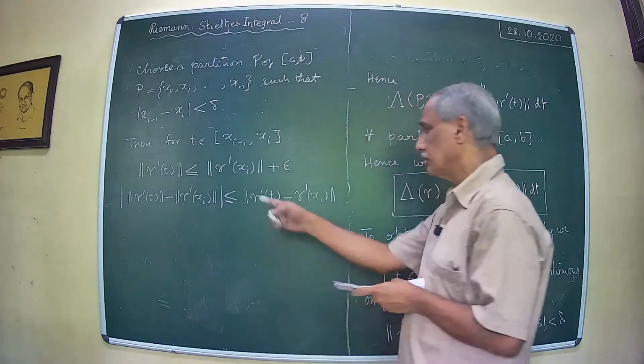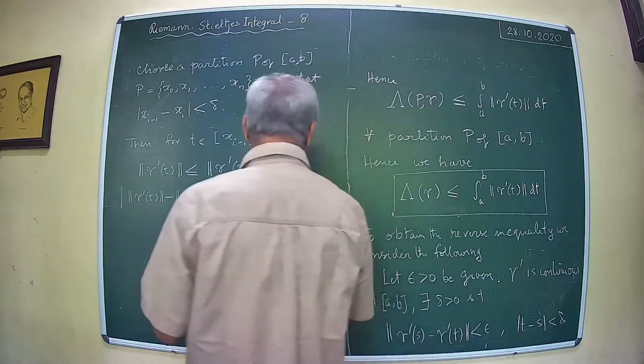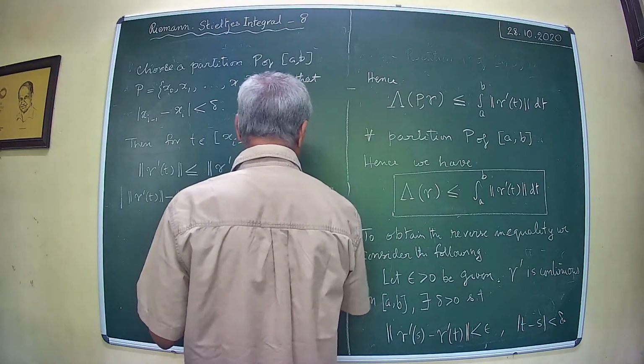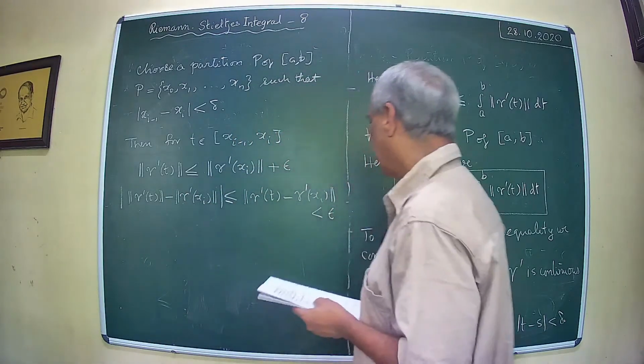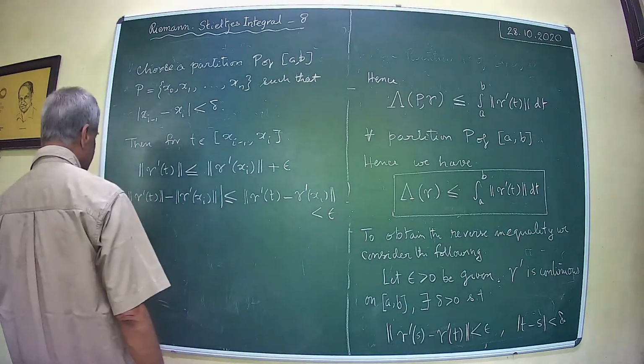This is what we call the second triangular inequality, and this is less than epsilon. If you use this, then you get this inequality.